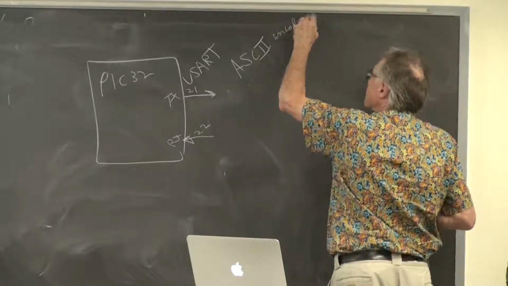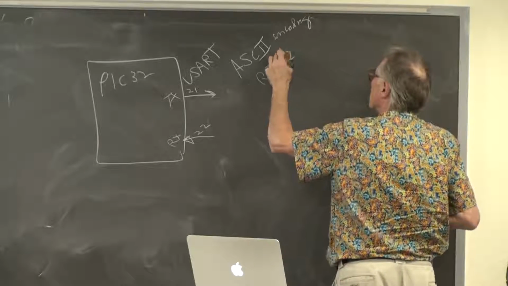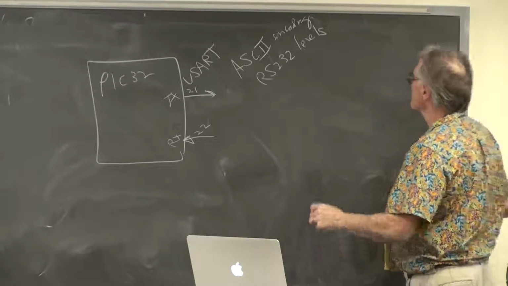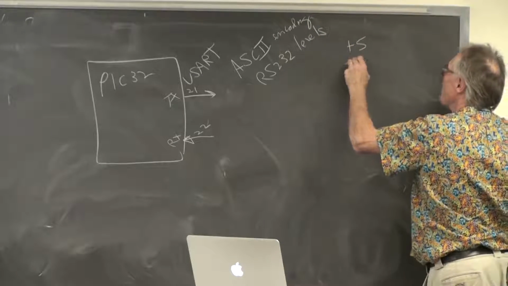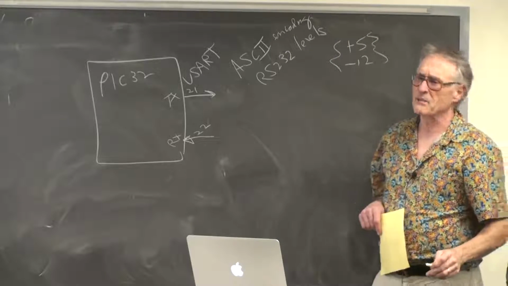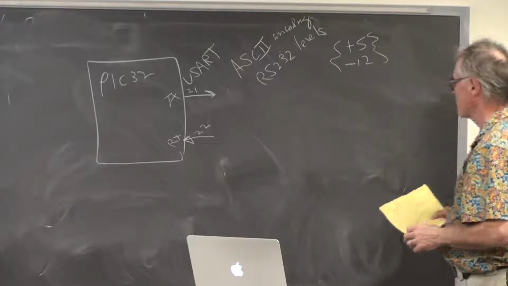Then the levels were shifted to RS-232 levels, which for various historical reasons are +5 and -12 volts. And that's what the PC expected, but nobody uses a serial port anymore. Most of your laptops don't have a serial port on them.